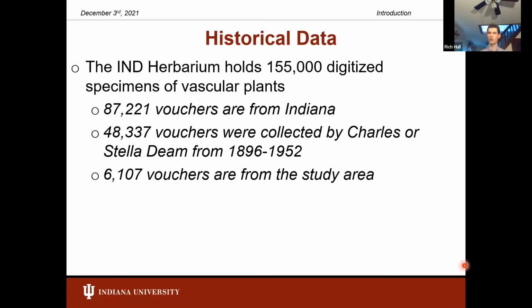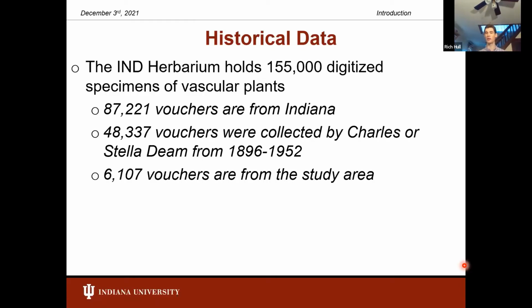So he started this in the early 1900s and published that in 1940 and still collected until his death in 1952. And Stella Deem would collect with him, collect sometimes on her own as well. She was his wife. So collectively, they both produced 6,100 vouchers from the study area.